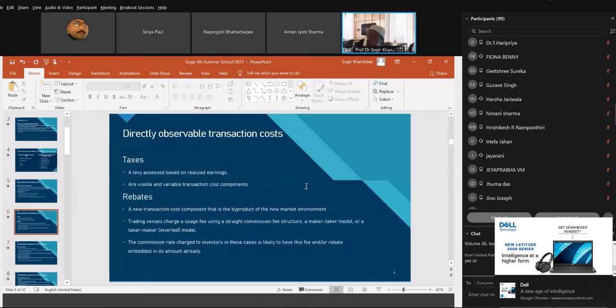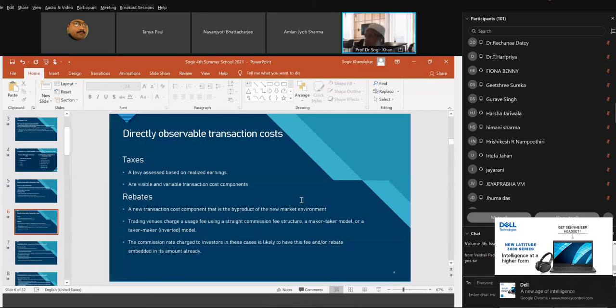In the maker-taker model, the investor who posts liquidity is provided with a rebate, and the investor who takes liquidity is charged a fee. In an inverted or taker-maker model, the investor posting liquidity is charged a fee, and the investor who takes liquidity is provided with a rebate.